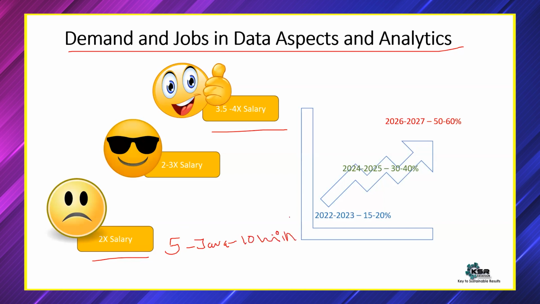Now, if you go beyond that, and you have good expertise in front end applications, which includes React, Angular, and Vue.js, you can expect 3x of your salary. 3x means 3 into 5 years of experience, which would be around 15 LPA, 15 lakhs per annum.